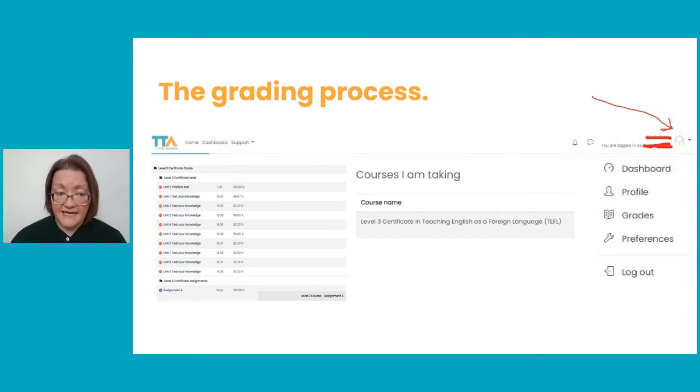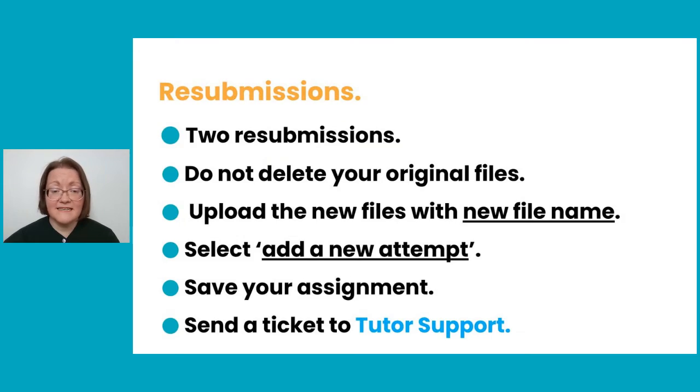Then just scroll down to the bottom of that page and you will see your feedback. Our markers give extensive feedback on every submission. So go to the icon in the top right, go to the drop-down menu, select grades, and you will find all of your feedback there. If you have difficulty finding it, just send a message along to Tutor Support and we'll help you.